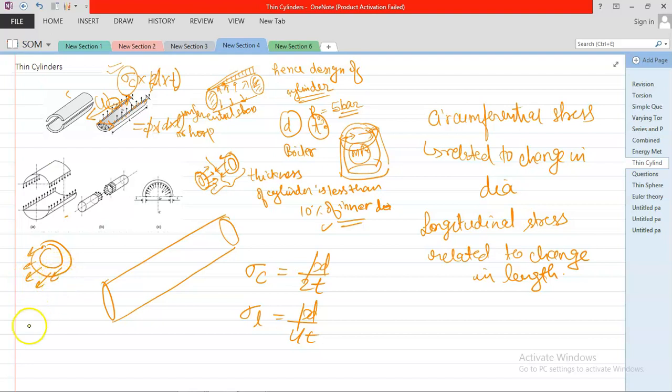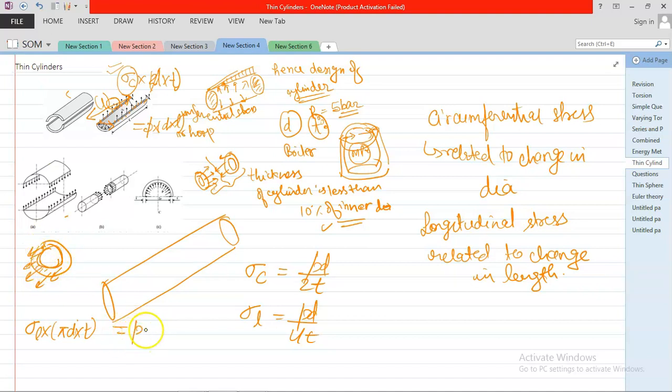So sigma l into the area of this plane, which would be pi d into t. If you take pi d, this is your inner perimeter, into thickness, that would be the area.